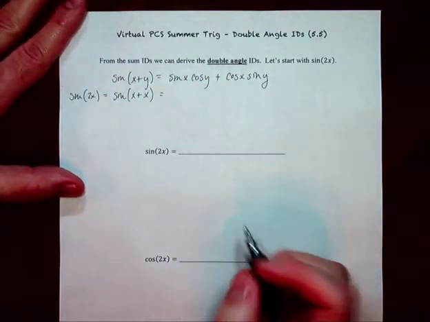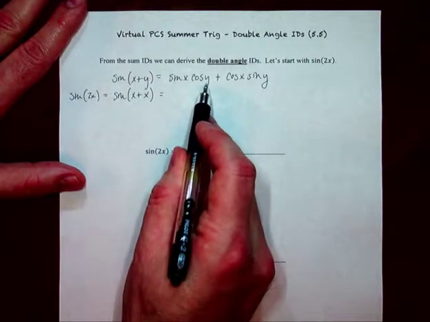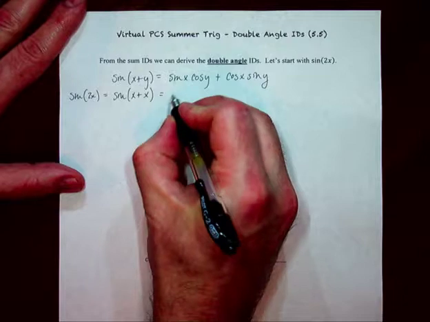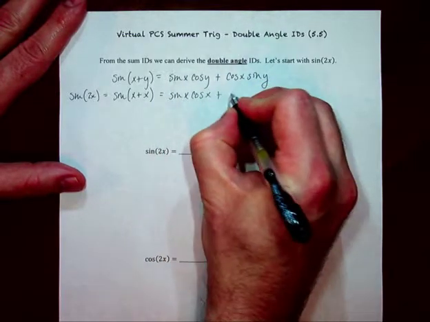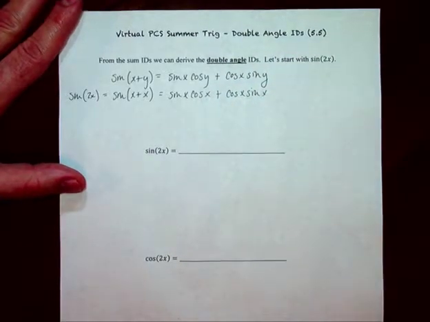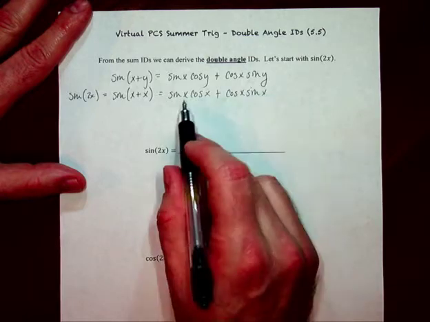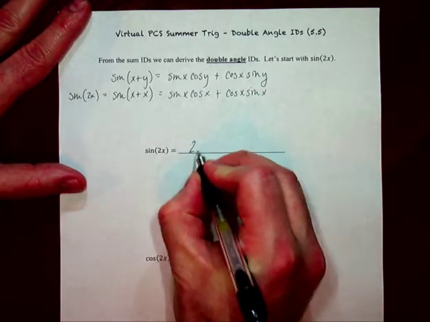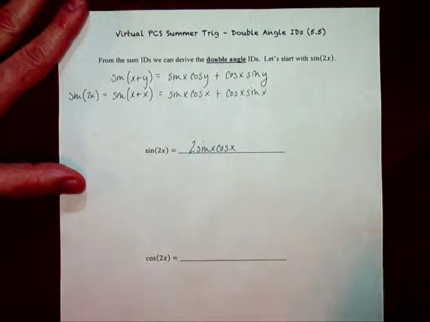So if I actually use the sum identity in the same way, just replace the y's here and here with x's again, I wind up with two terms that are identical. Because multiplication is commutative, this over here is the same thing as that. And so sine of 2x is 2 sine x cosine x.